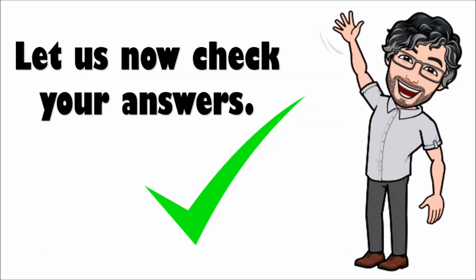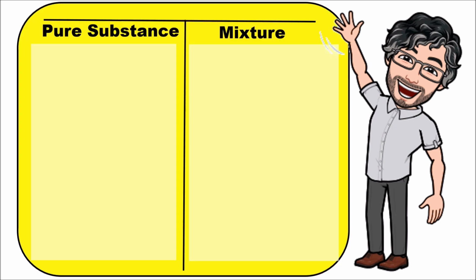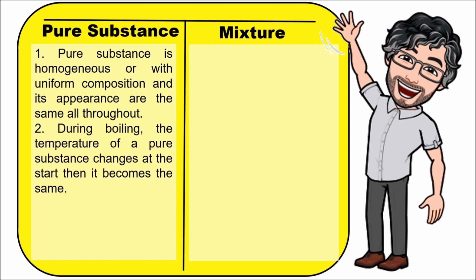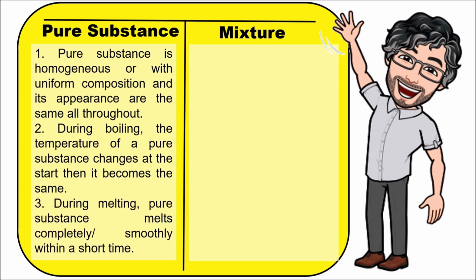Let us now check your answers. Pure substance is homogeneous or with uniform composition and its appearance is the same all throughout. During boiling, the temperature of a pure substance changes at the start, then it becomes the same. During melting, pure substance melts completely or smoothly within a short time.